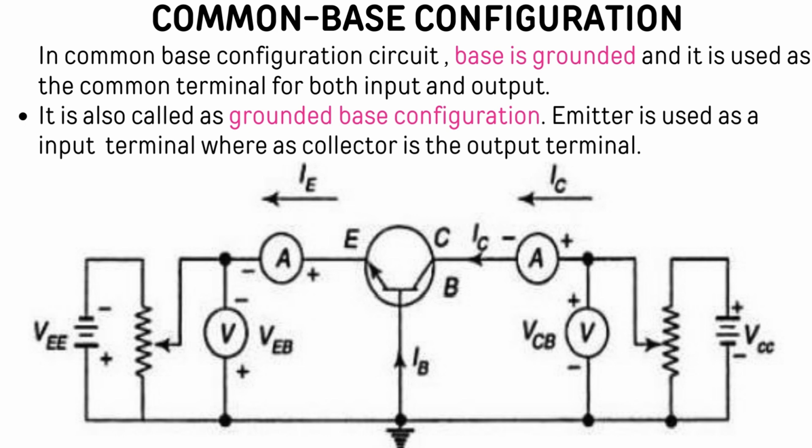When n is connected to positive and p is connected to negative, it indicates the collector base junction is in reverse bias condition. It is also called grounded base configuration since the base is grounded. Emitter is used as the input terminal whereas collector is used as the output terminal.